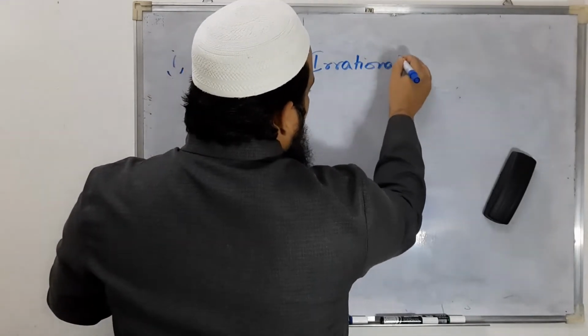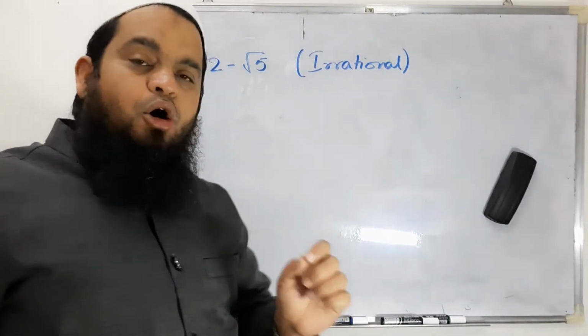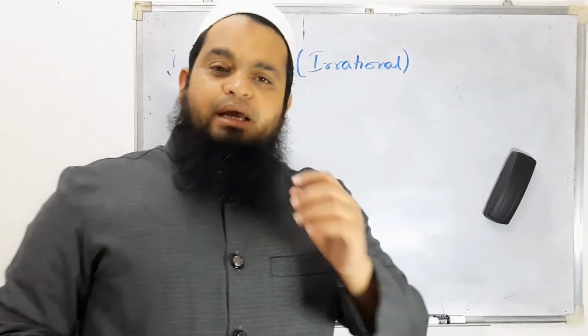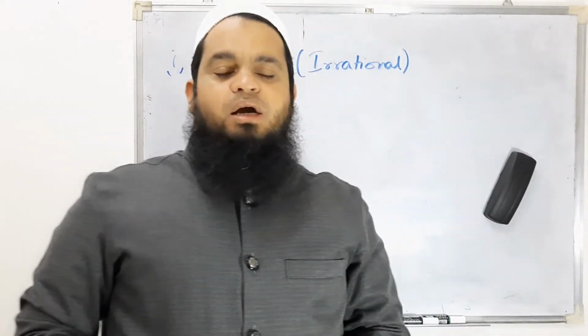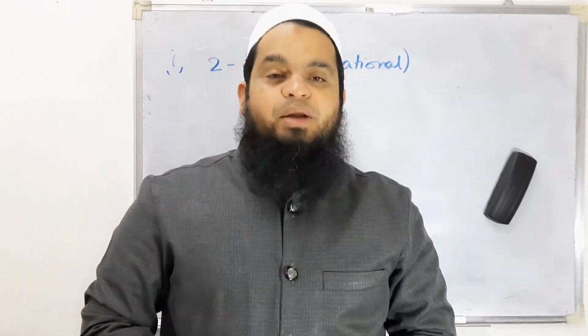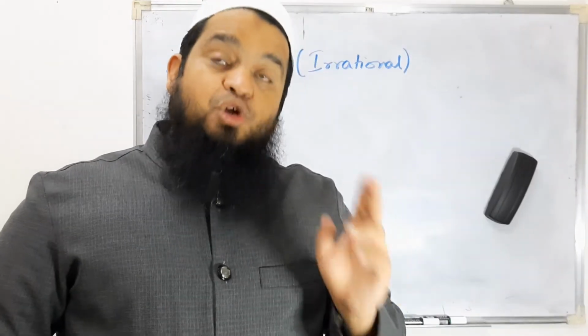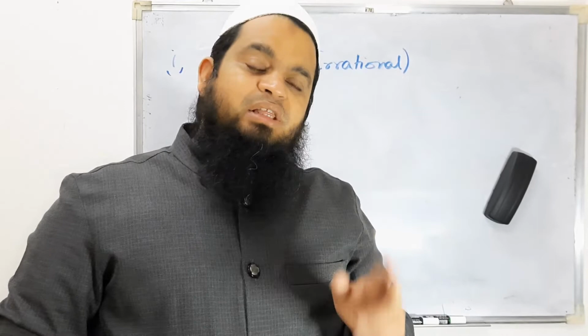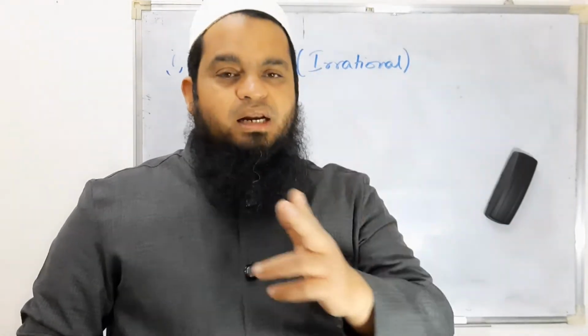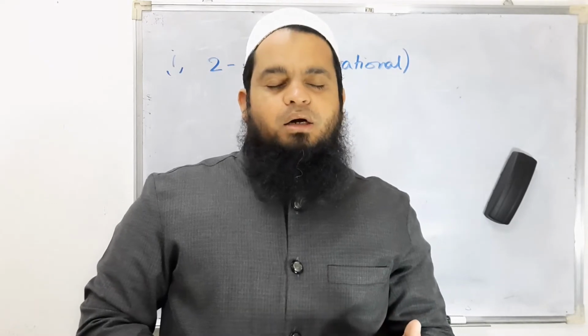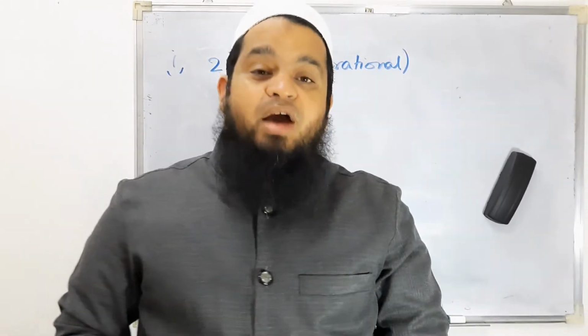Whenever you add or subtract an irrational from a rational number, you get an irrational number only. And when you multiply and divide with irrationals, you will get irrational only. But in some cases, you will get rational.